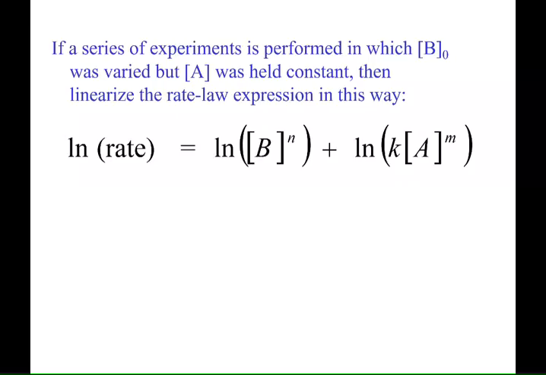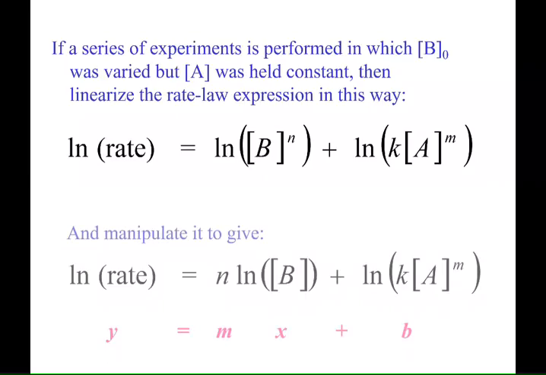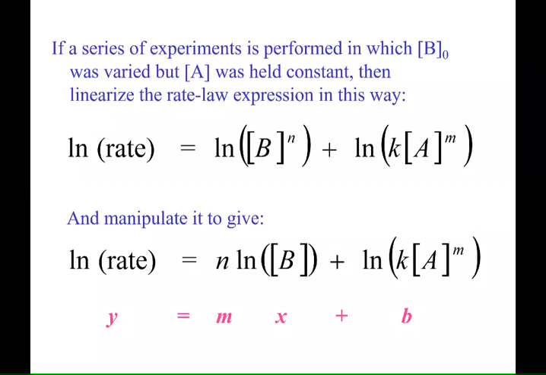So, like you guys did in lab, then you switch it up. If you have two reactants, you did 4 experiments where you varied one and 4 experiments where you varied the other one. Okay? So, this is where we're varying B but holding A the same. And notice we can do the same thought process, come up with something that we can plot.